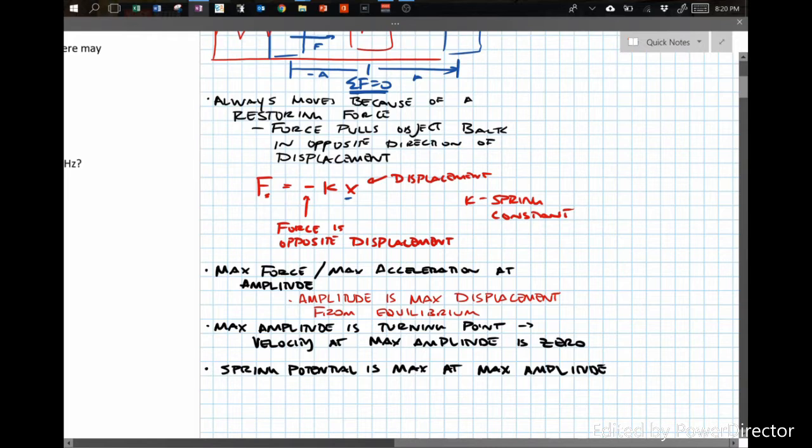Our potential energy, which doesn't have to be spring potential, is a maximum at maximum amplitude. So these things occur at our maximum amplitude, at our maximum displacement.